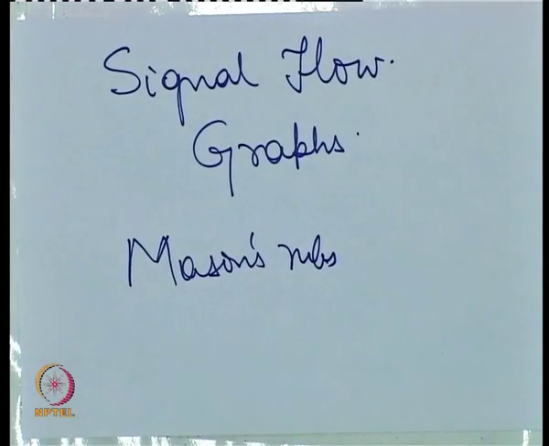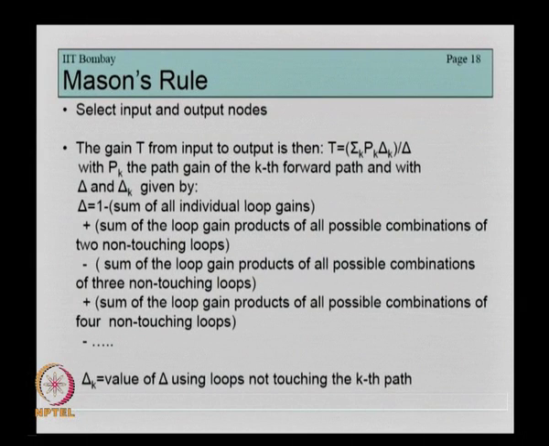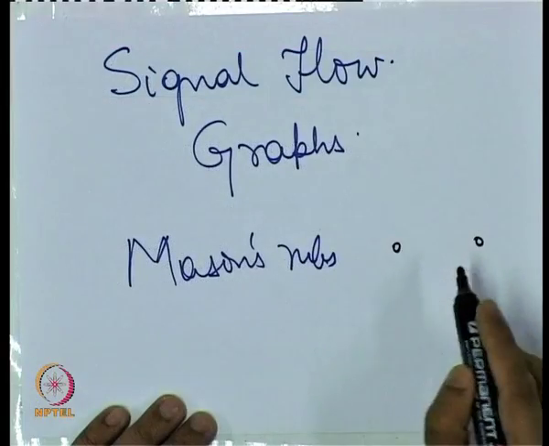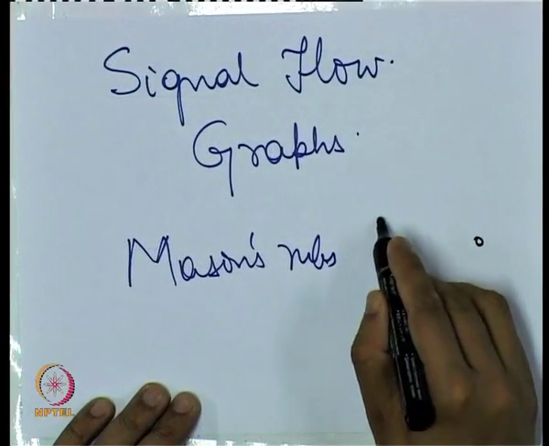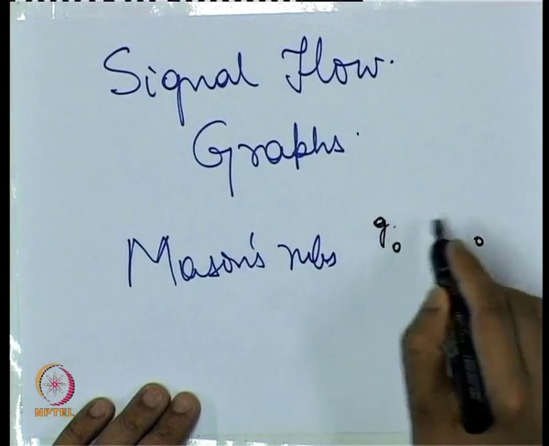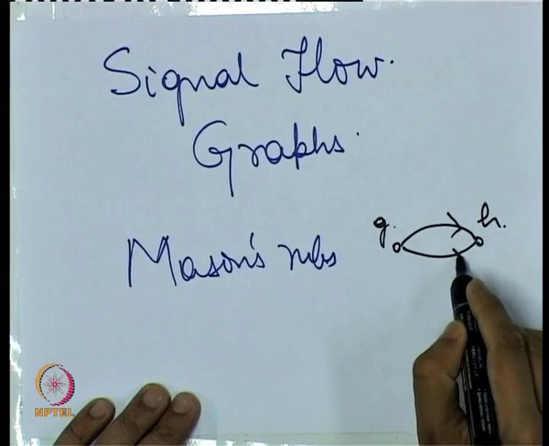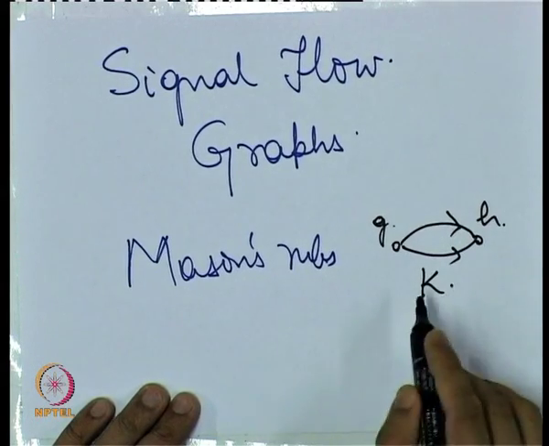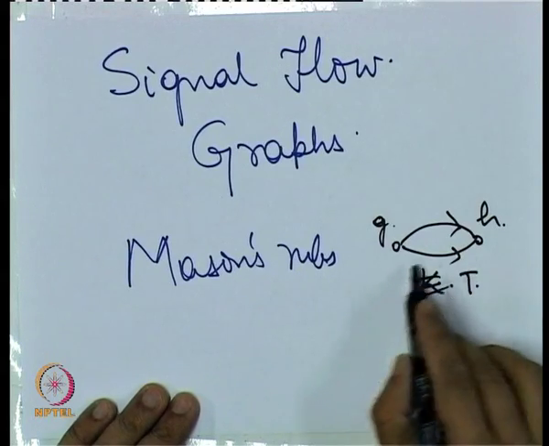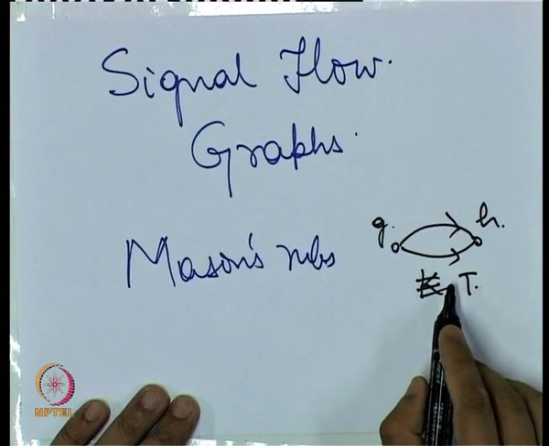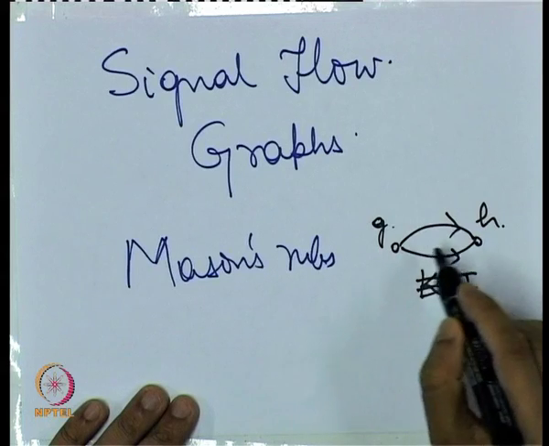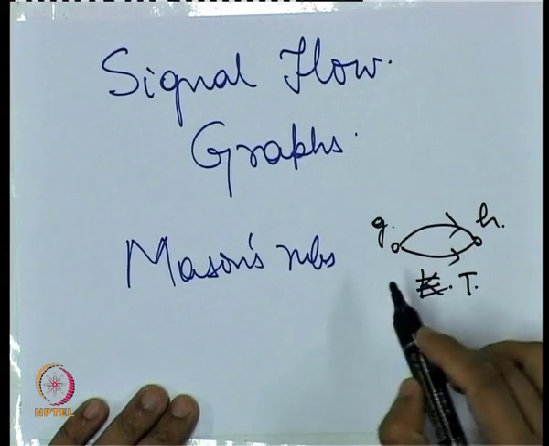If we go to the slides, suppose this is a point, say G, and this is a point H, and after simplification the gain between G and H is some value T. Say there are lots of paths between this node G and H, many complex paths maybe.